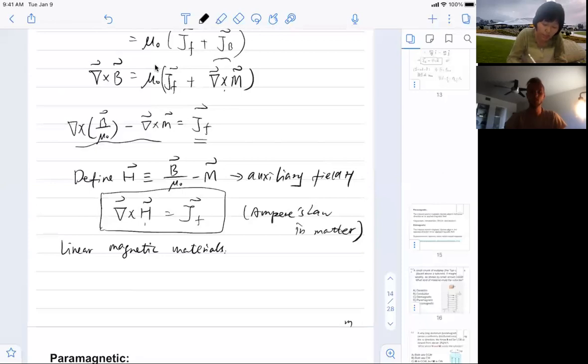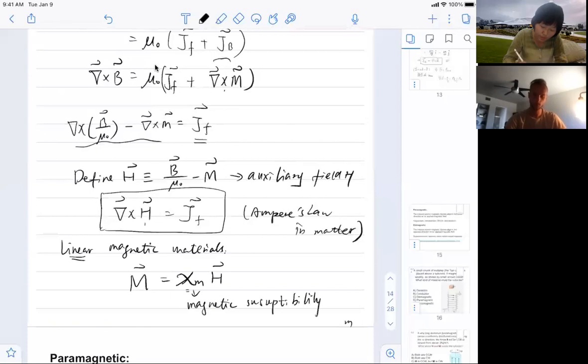Linear meaning that the magnetization is proportional to H and is related by some constant chi m. And this is the magnetic susceptibility. It's a unitless quantity.